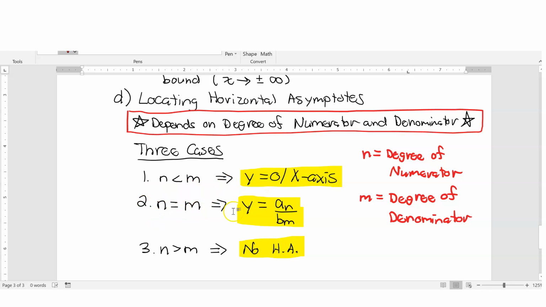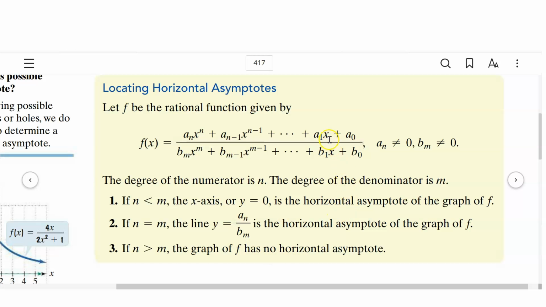If those two values are equal, it will be the ratio of the two leading coefficients of the highest order term in the numerator and denominator. And if n is greater than m, the degree of the numerator is greater than the degree of the denominator, there's no horizontal asymptote.